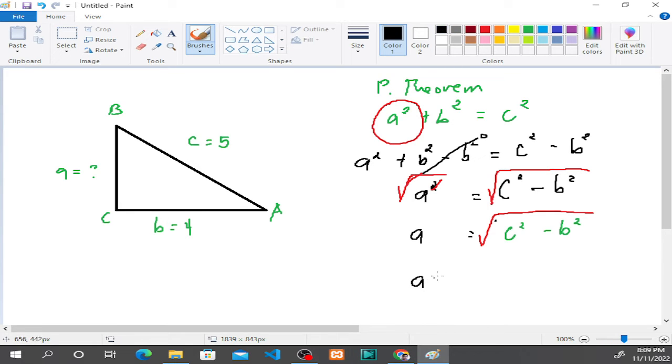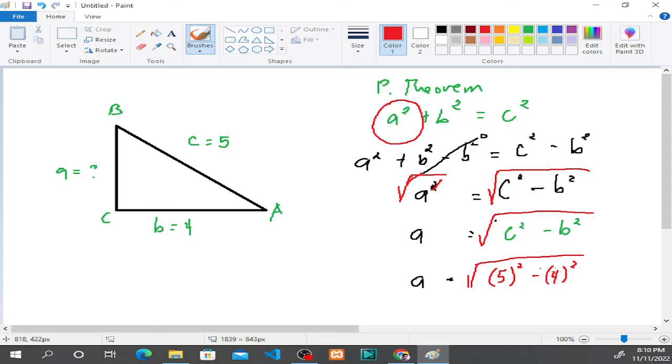Now you can execute it. You write a is equal to the square root of c squared, which is 5, raised to the power of 2, minus 4 raised to the power of 2.